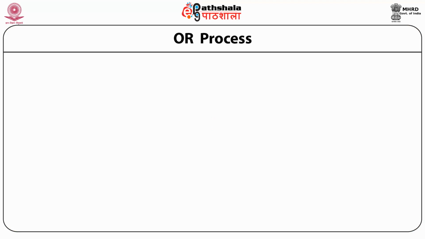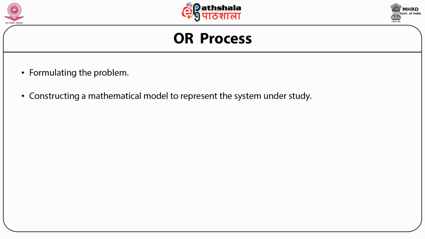OR process. After knowing about OR, let's now take a look at the operations research process. In fact, there are some 7 or 8 steps to the OR process. It starts with formulating the problem. The second step is constructing a mathematical model to represent the system under study.